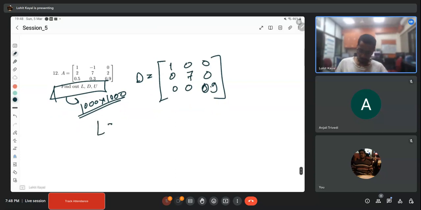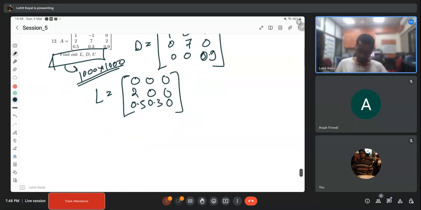What will be U? What will be L? L will be everything below the diagonal. That means 0 0 0, 2 0 0, 0.5 0.3 0. What will be U?